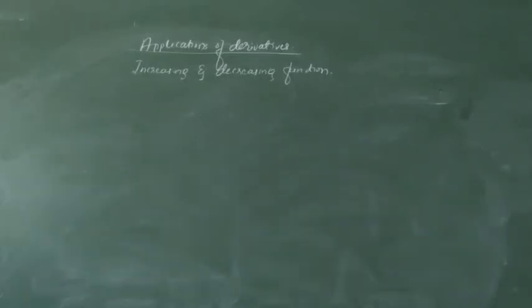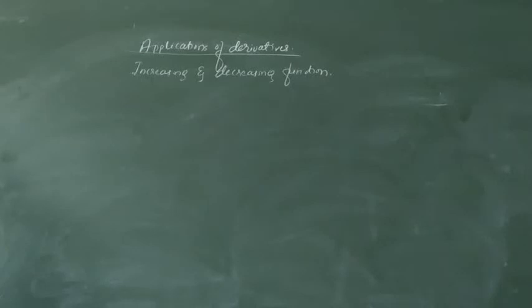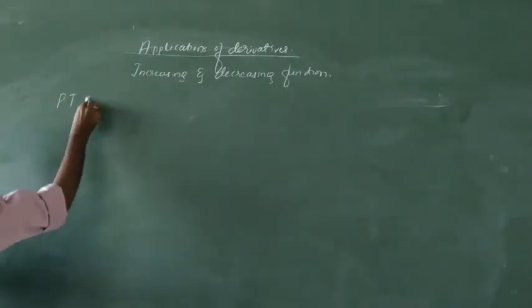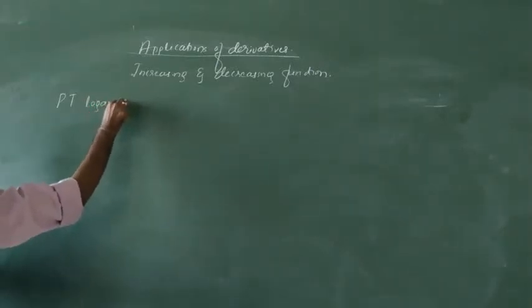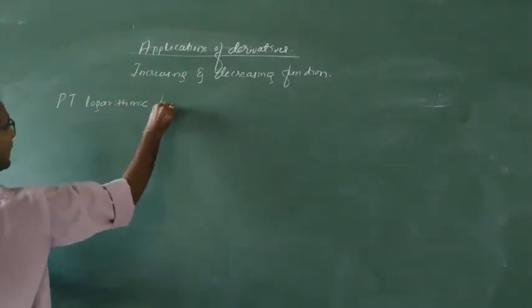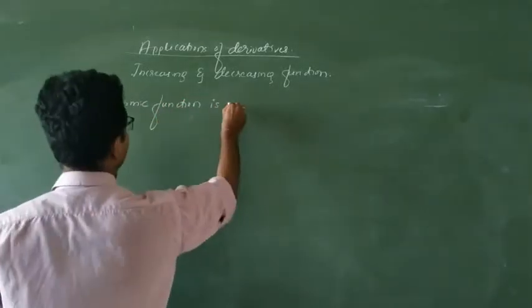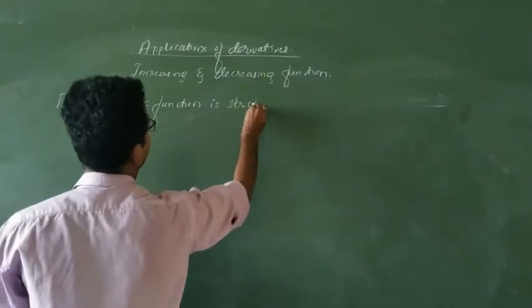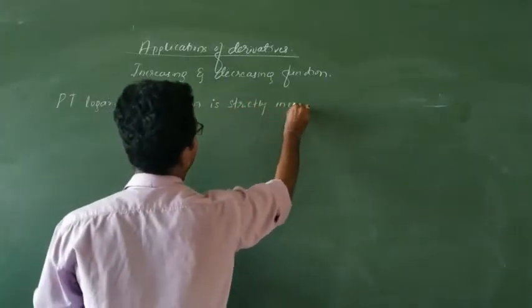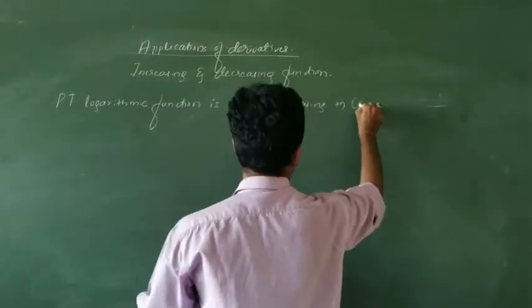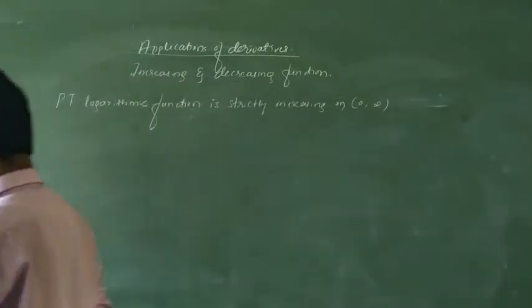So now, continuing the examples on increasing and decreasing functions, they have given one question: prove that a logarithmic function is strictly increasing on 0 comma infinity.